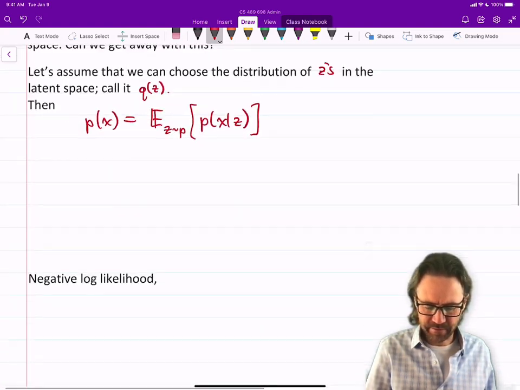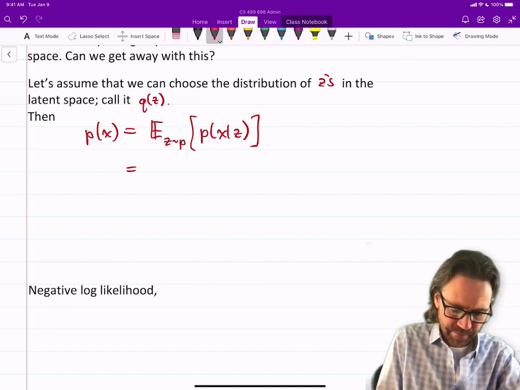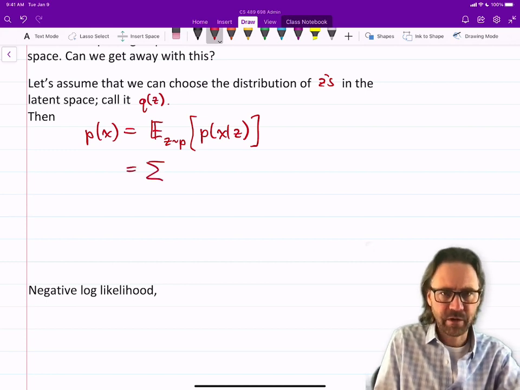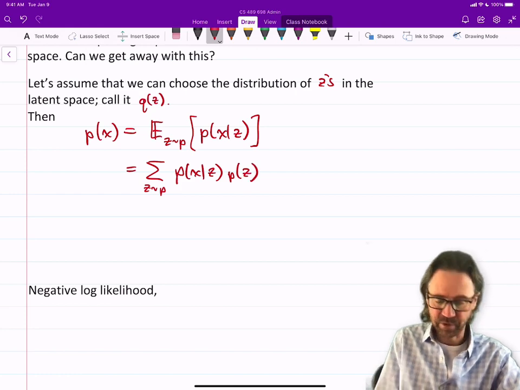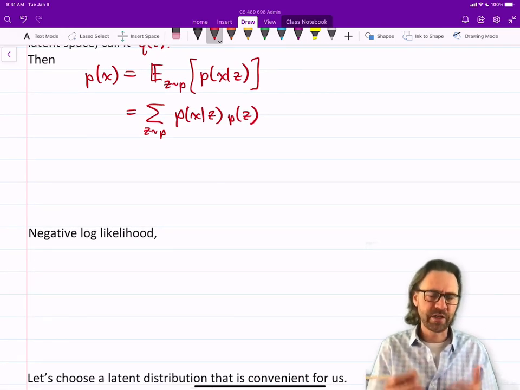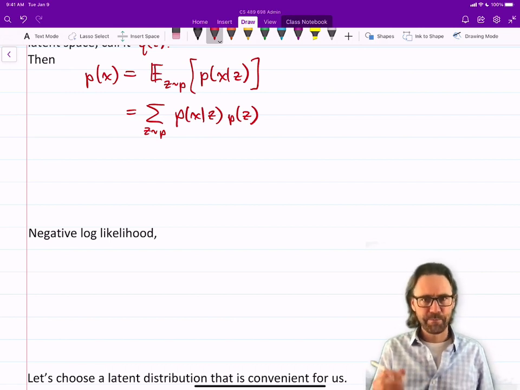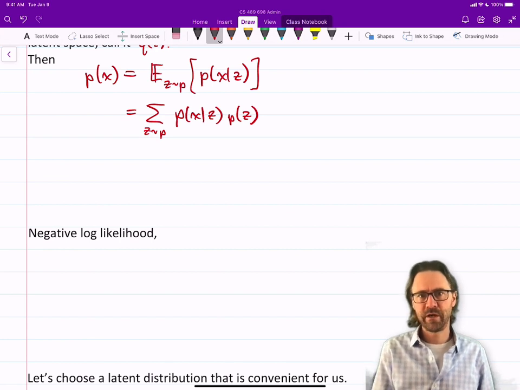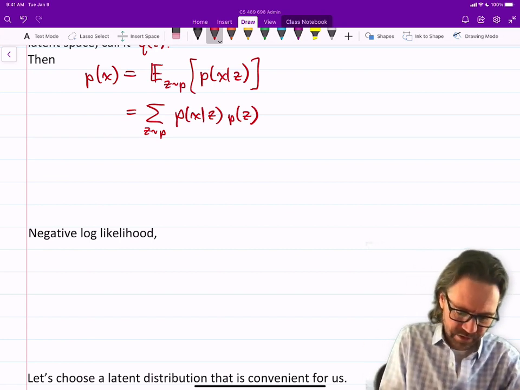It's the expected value. But that can be rewritten in summation notation where I take Z's from my distribution, P of X given Z times the probability of Z. That's what the expectation means. But I'd like to change the way I sample my Zs. Instead of using P, which is an unknown distribution, I want to sample from Q, which is my designed distribution.